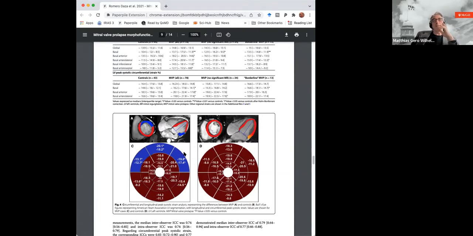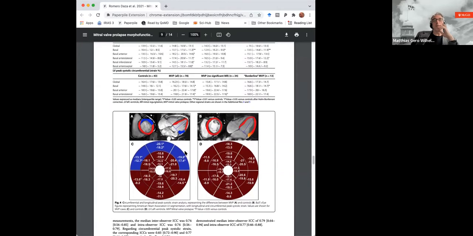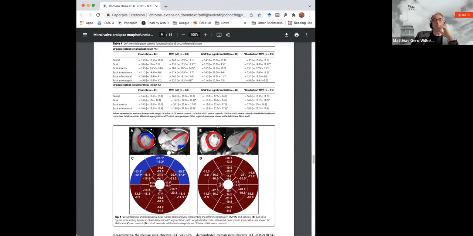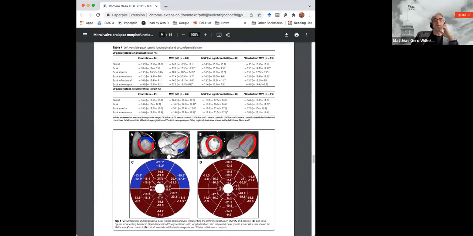And while there are still some methodological needs with respect to standardization of these measurements, differences between software, etc., strain imaging more and more seems to be helpful in better understanding of disease. And this may be a good example here.